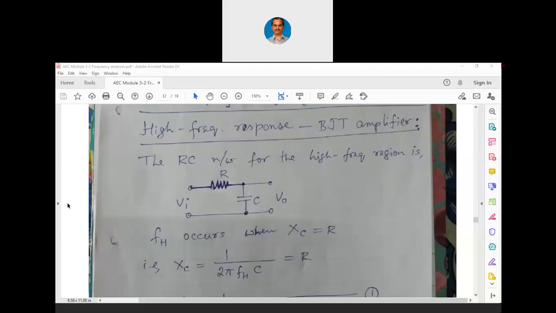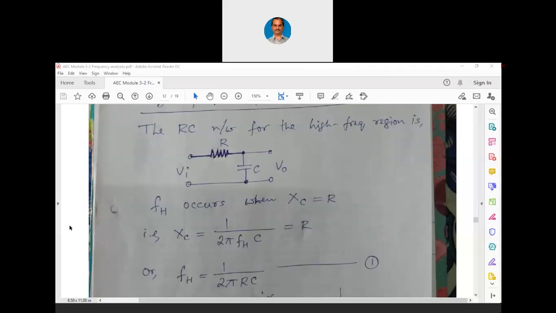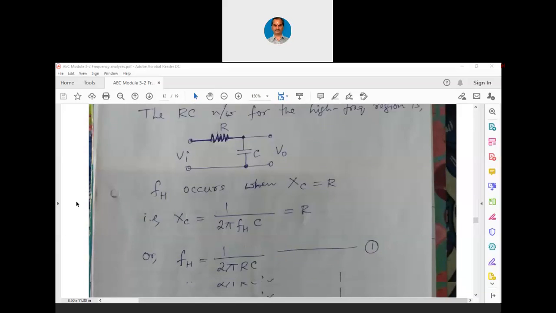Whenever resonance occurs, when our reactance equals resistance, then the high frequency cutoff will occur, which means XC equals 1 over 2 pi FH C, that is equal to R. So we can write now FH equals 1 by 2 pi RC. In the same way we had written earlier that FL equals 1 by 2 pi RC. The only difference is that the positions of R and C are in opposite directions now. So FH equals 1 by 2 pi RC.